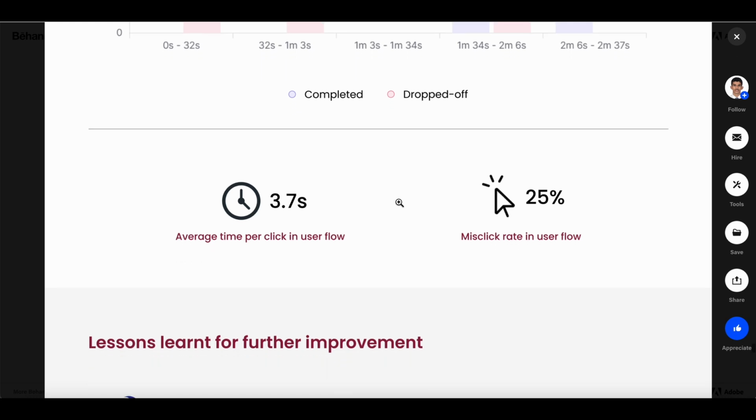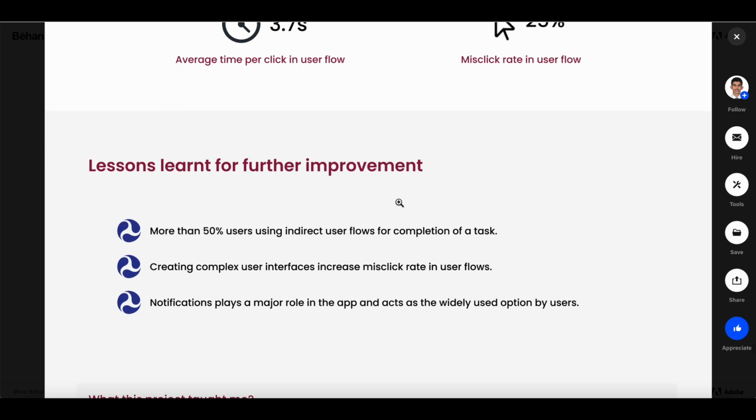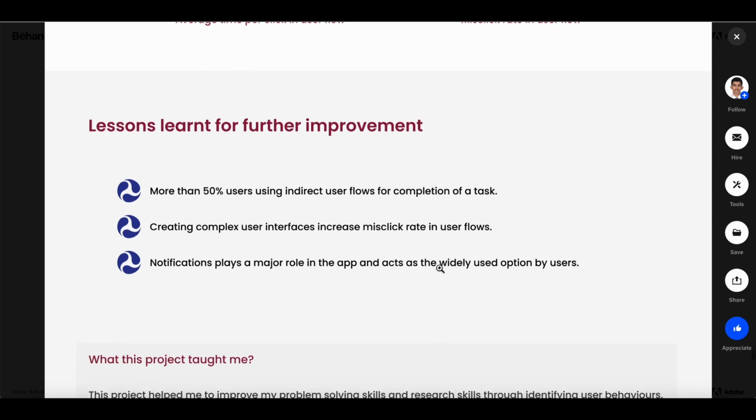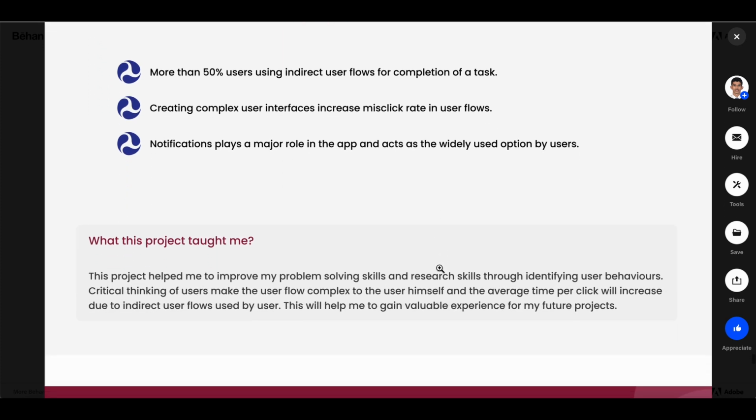And I really like the way he has crafted this UX case study, and he has mentioned lessons learned for further improvement here. More than 50% of users in direct use of flows are composition. So he has identified some stuff to be done later as well, and his learning is presented here as well.